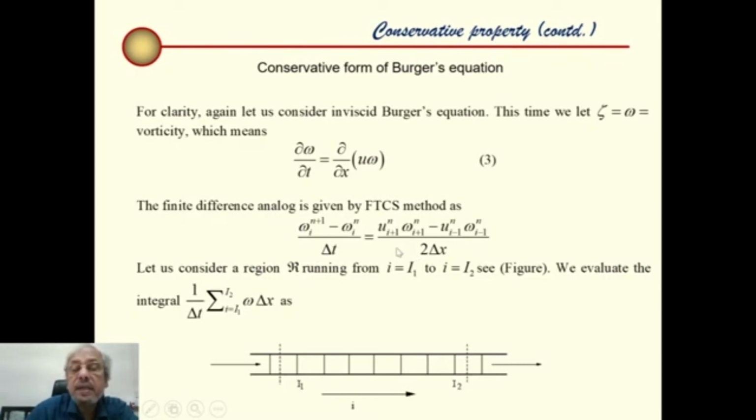Then the right hand side simply will become the summation over this entire space, of this quantity times delta x, over I equal to I1 to I equal to I2.